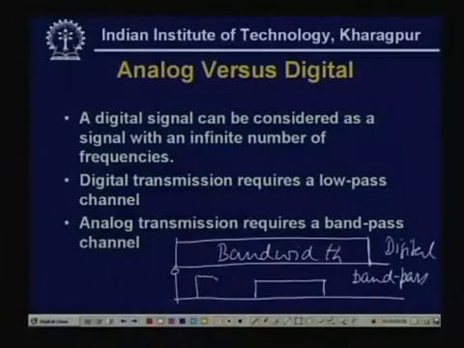On the other hand, we can send several analog signals, another analog signal, another analog signal, in a frequency division multiplexed manner. So this is the frequency, and several such signals can be sent through the medium. On the other hand, a digital signal cannot be sent this way.